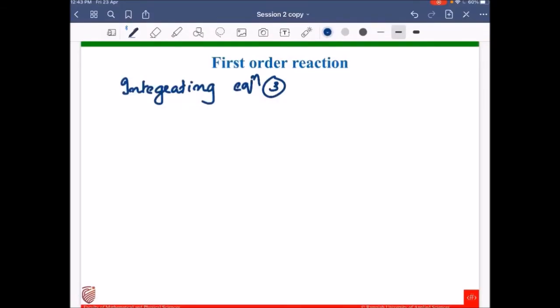So integrating equation number 3, we will get ln of At minus ln of A0 equal to minus kt.